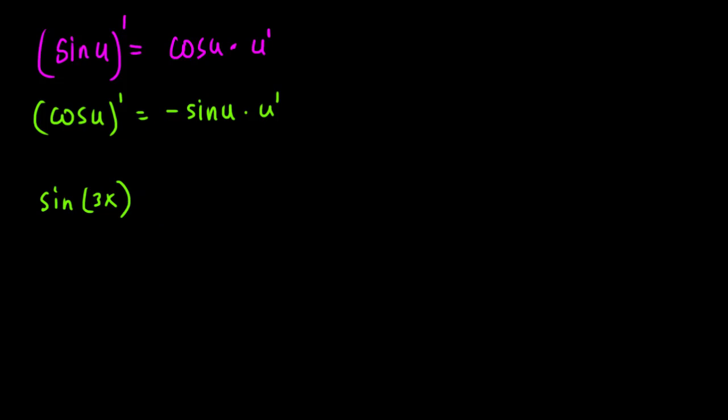To find the derivative of this, first you have to find the derivative of just sine, which is cosine 3x, and also you have to find the derivative of u. The u here is 3x, and the derivative of 3x is just 3, so it means that the answer is 3 cosine 3x.